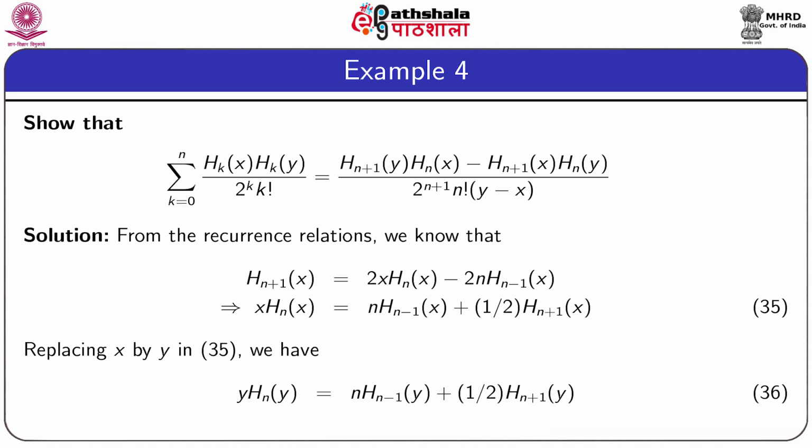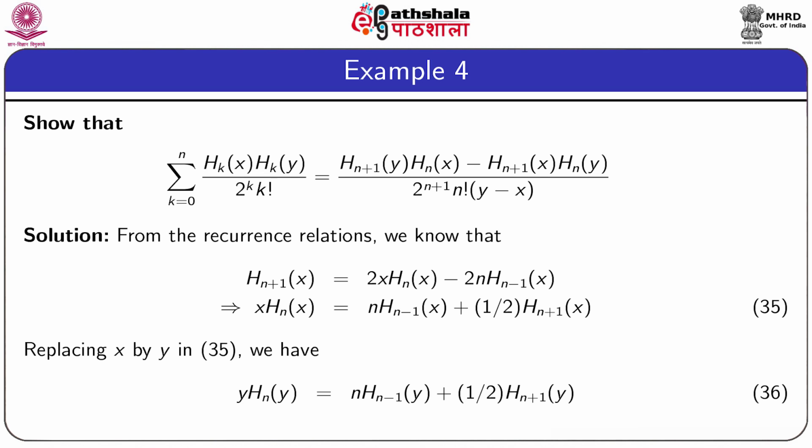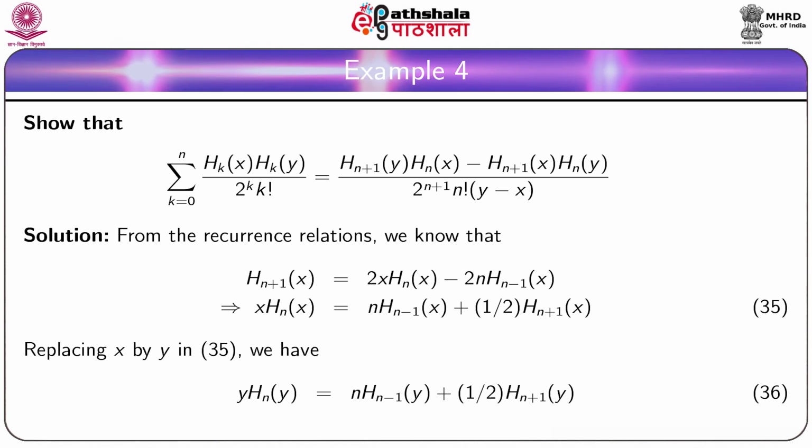Now, from the recurrence relation, H_{n+1}(x) is equal to 2x H_n(x) minus 2n H_{n-1}(x), we can rewrite it as x H_n(x) is equal to n H_{n-1}(x) plus half of H_{n+1}(x), given by equation 35.